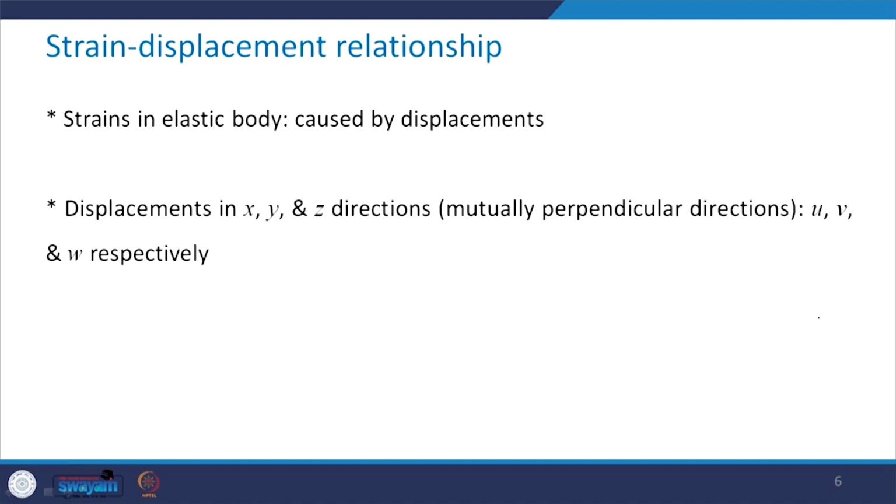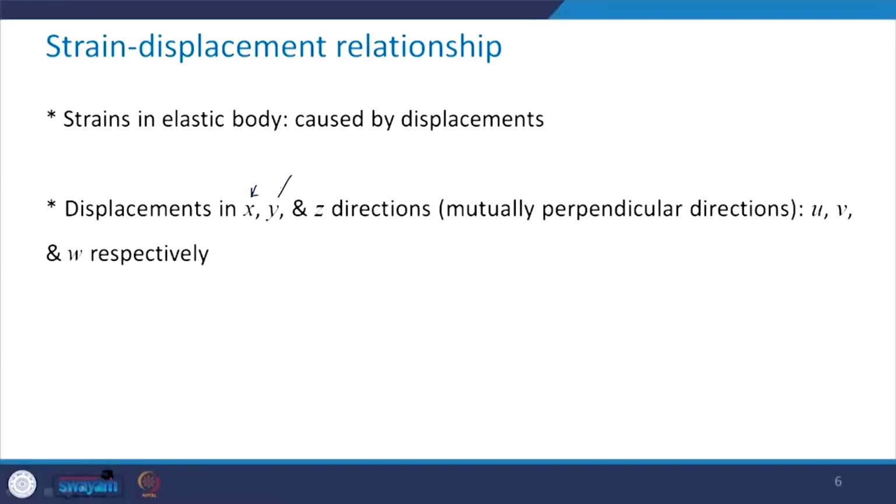So, the strains in the elastic body are caused by the displacement. There should be a relationship between strain and displacement, and we should be aware of that. Let us say that displacements in x, y and z directions are respectively u, v and w.